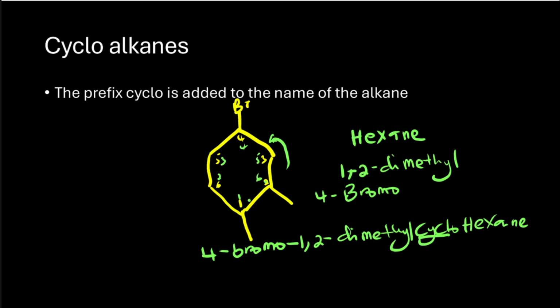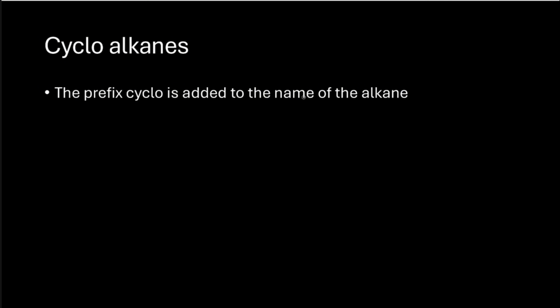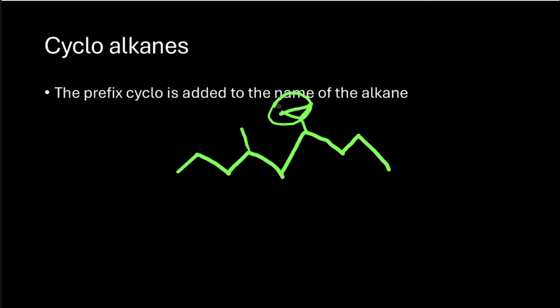We can also have cycloalkanes forming substituents. So we have a straight chain in this form. So we have something like this, and then we have, so this is our cycloalkane forming a substituent on this particular straight chain.